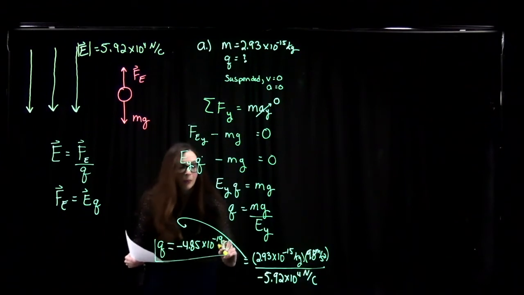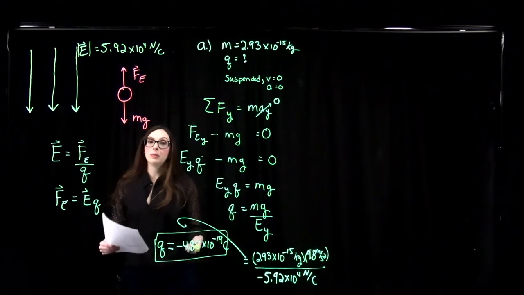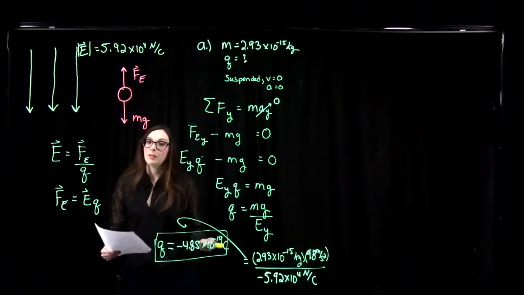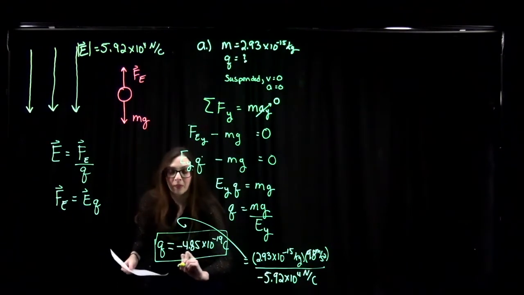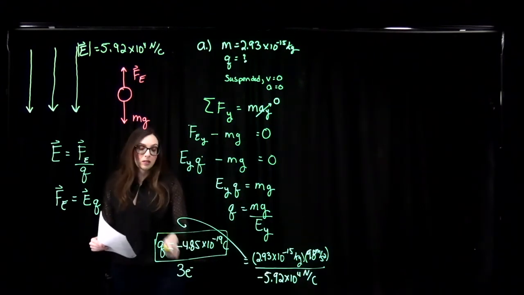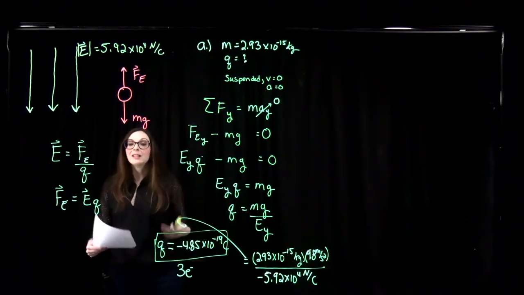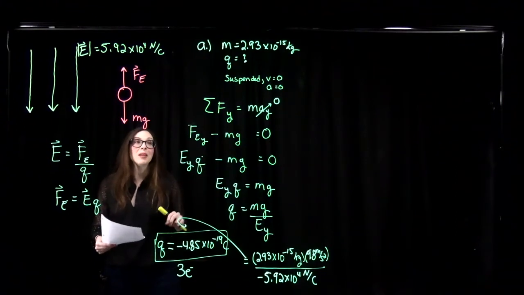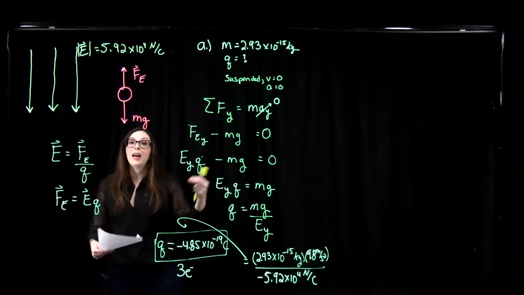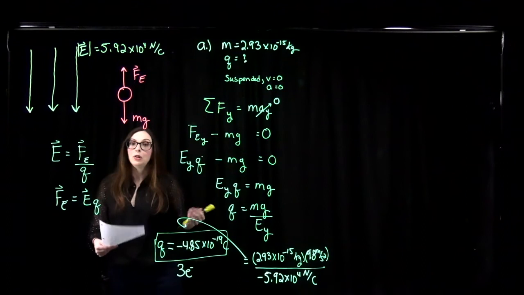Now, if I divide this by the fundamental charge, which is 1.6 times 10 to the minus 19 coulombs, this charge is also 3 fundamental charges. So this mass has a charge of 3 times negative 1.6 times 10 to the minus 19 coulombs. So we could say that that mass has an excess of 3 electrons compared to a neutral mass.